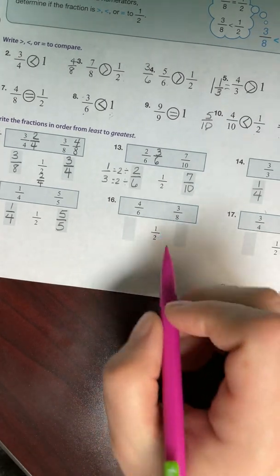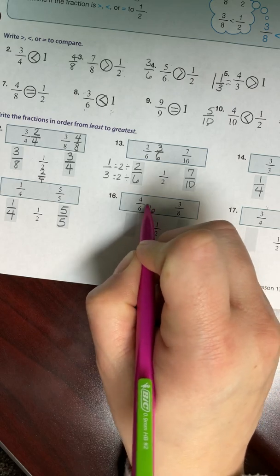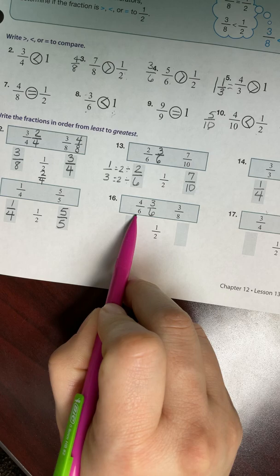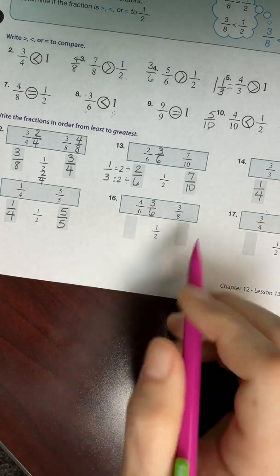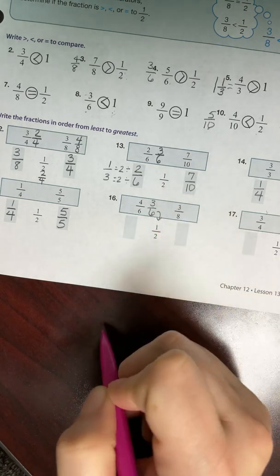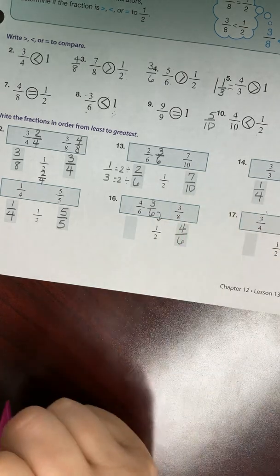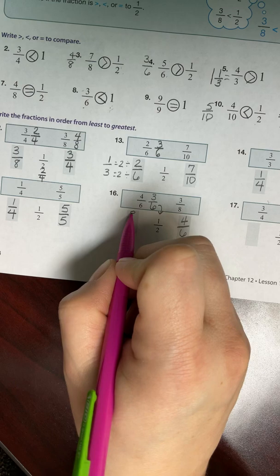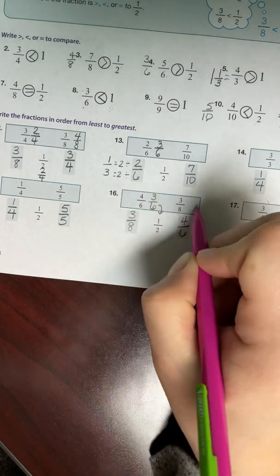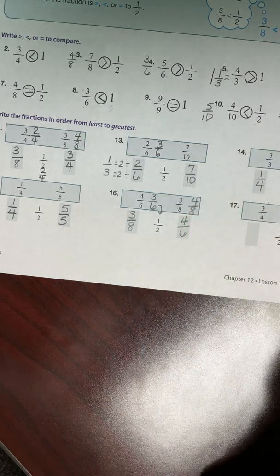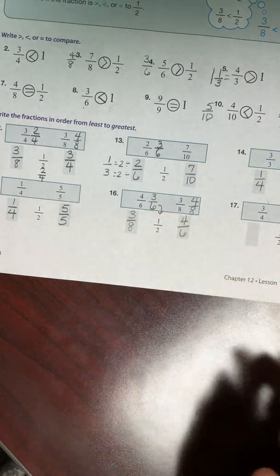Then on number 16, half of 6 is 3. Well, I have 4/6. So I have more than 1/2 because remember, 3/6 is the same as 1/2. So 4/6 is bigger. That means 3/8 would be smaller because when we split 8 in half, we get 4. And we don't have 4/8.